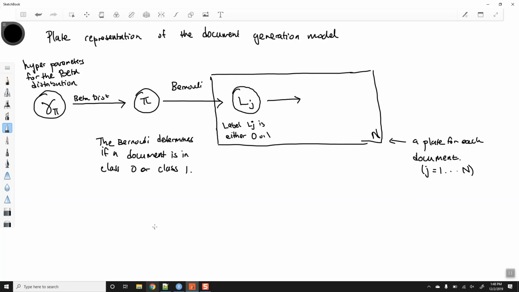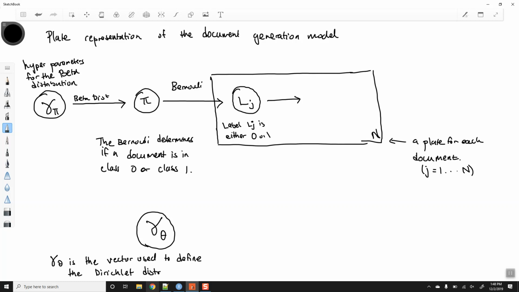Meanwhile, this is going to be our hyperparameter, or maybe here I'll say gamma theta is the vector used to define the Dirichlet distribution.